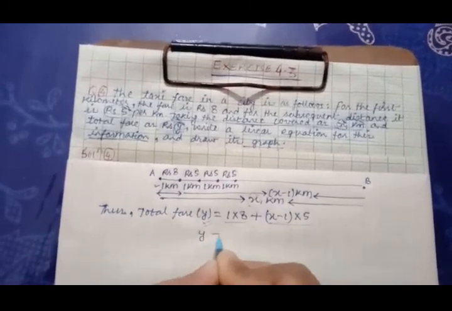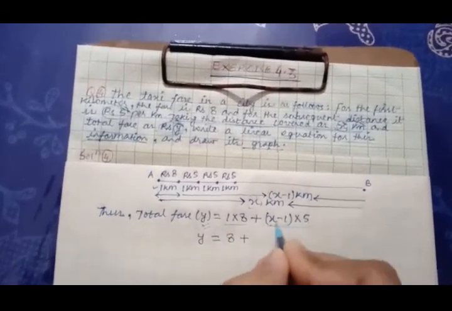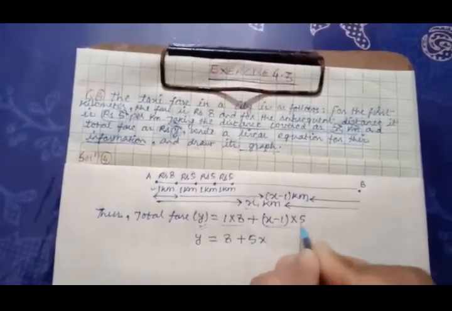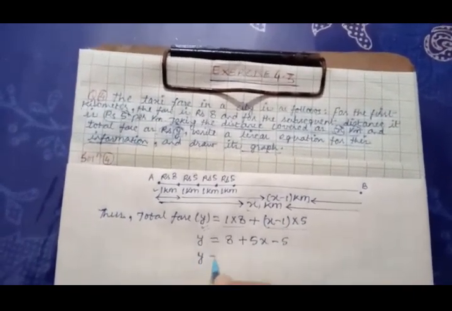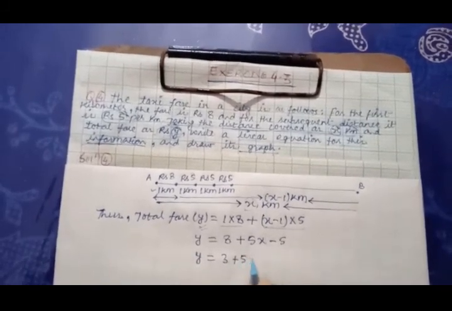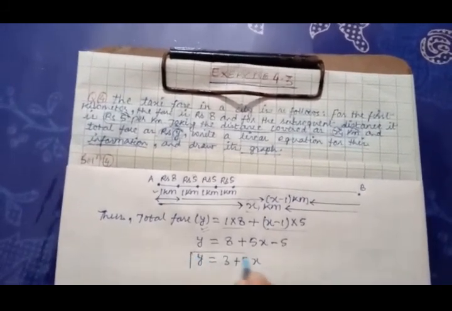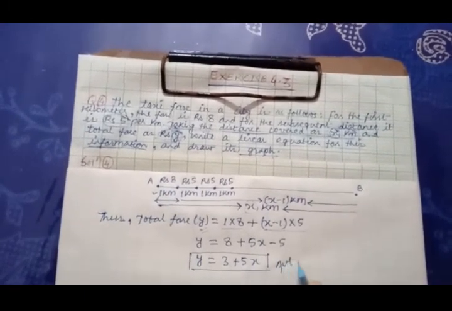So this is y equal to 8 ones are 8 plus 5x minus 5 ones are 5, and this y equals to 8 minus 5 is 3 plus 5x. That's the required linear equation for given information.